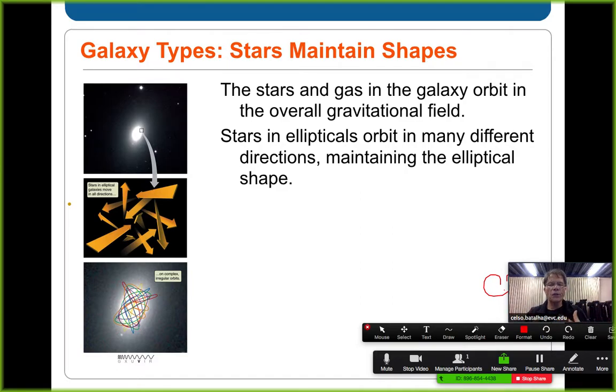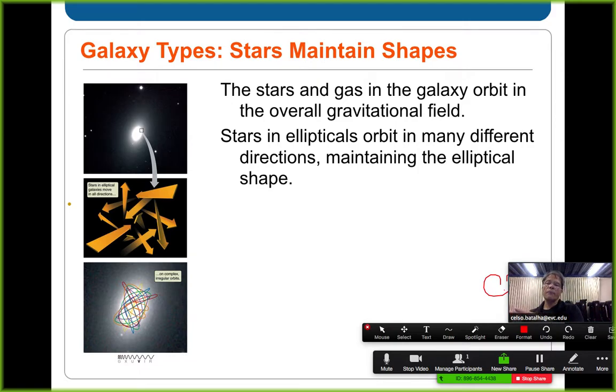So how do stars in elliptical galaxies behave? Stars in ellipticals move in all possible directions. They don't go in a preferential direction like the stars that belong to spiral galaxies. I'm talking about the stars that happen to be in the spiral arms.